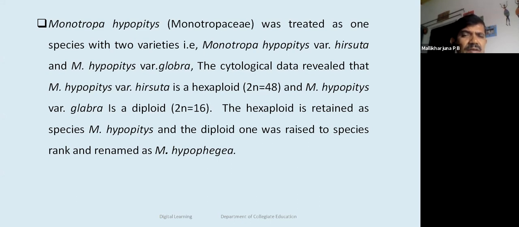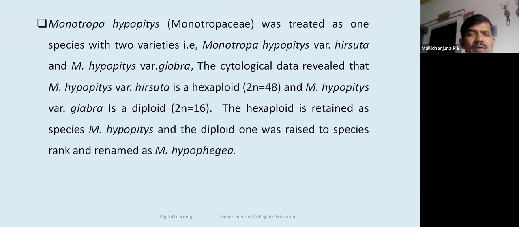Both were studied cytologically, and variety hirsuta is a hexaploid with 2n equal to 48, and variety glabra is a diploid with 2n equal to 16. So the hexaploid is retained as the species Monotropa hypopitys, and the diploid one was raised to the species rank and renamed as Monotropa hypophegea.